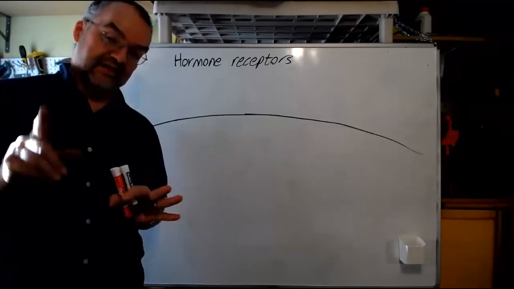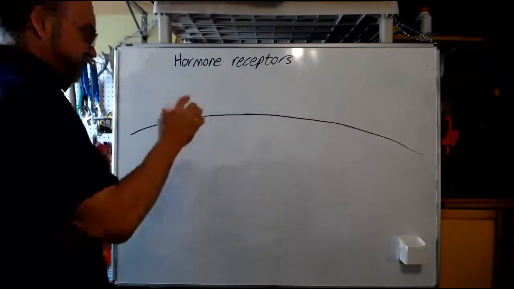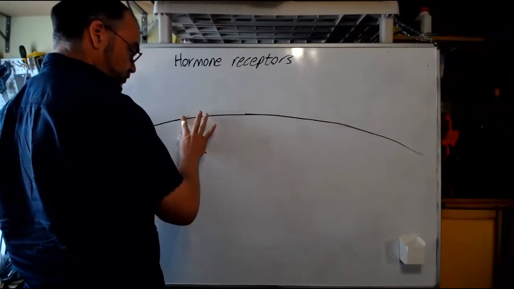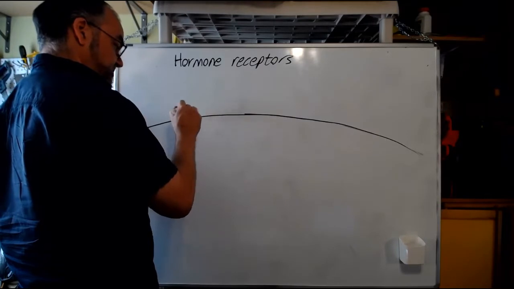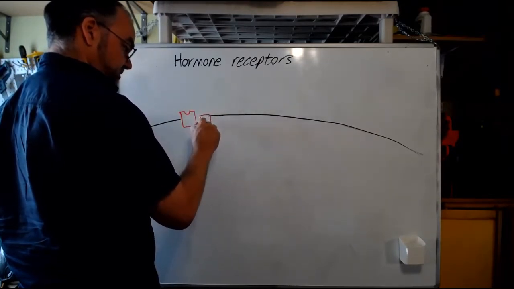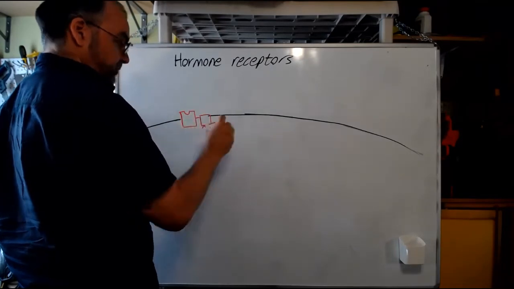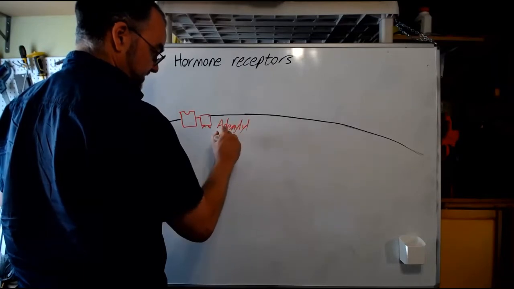Actually, before we go on, I did want to remind people of a couple of things about those second messenger-based systems. We're going to look at several common types of these things. One of them is going to be a G-protein-coupled receptor, which is coupled to an adenylyl cyclase.